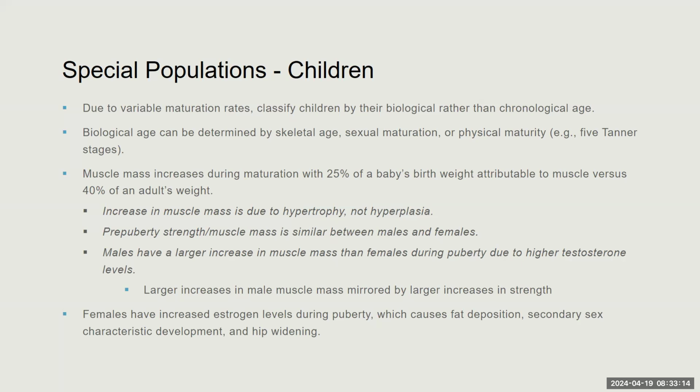Pre-puberty strength and muscle mass is similar between males and females, but obviously, males have a larger increase in muscle mass than females due to higher testosterone levels during puberty. And this larger increase is going to be mirrored by larger increases in strength. Females do have increased estrogen levels during puberty, which causes fat deposition, secondary sex characteristic development, and hip bone widening.